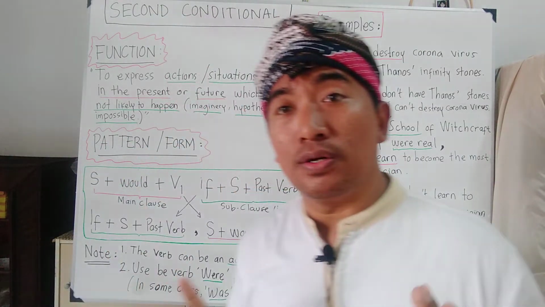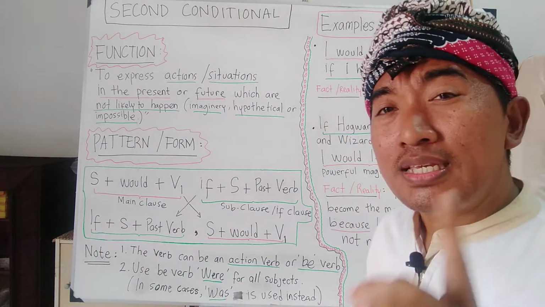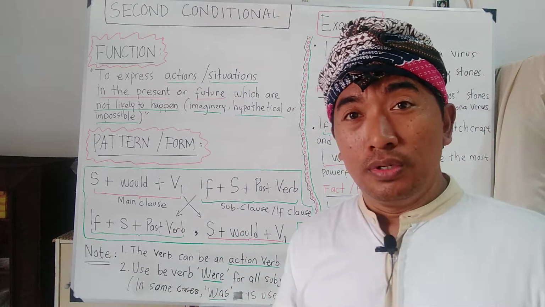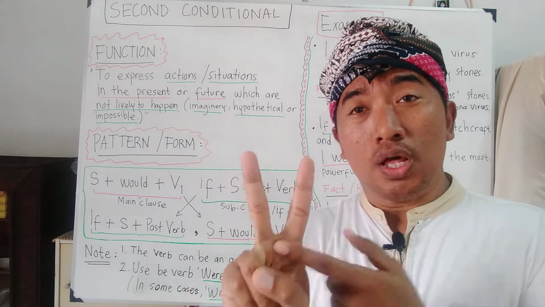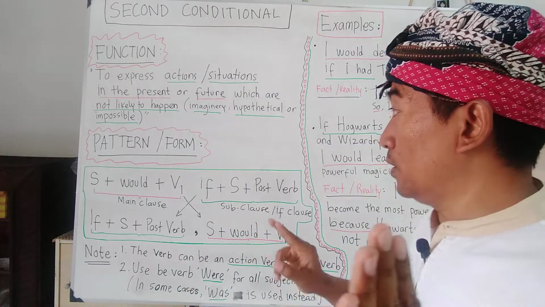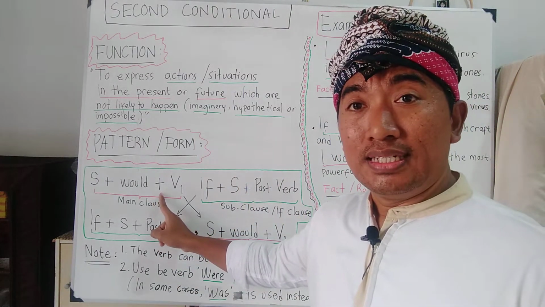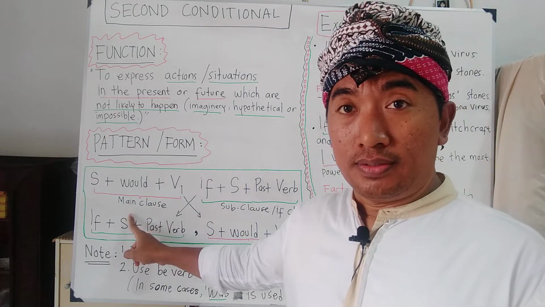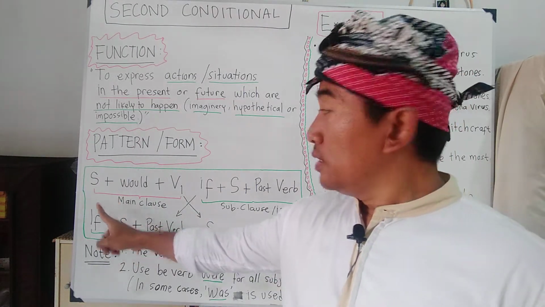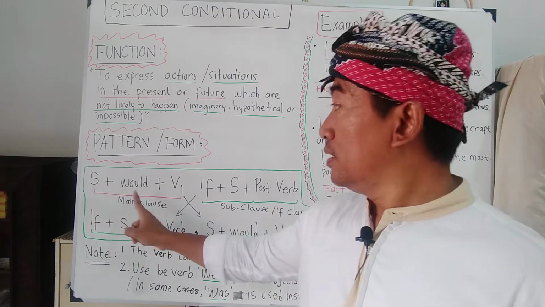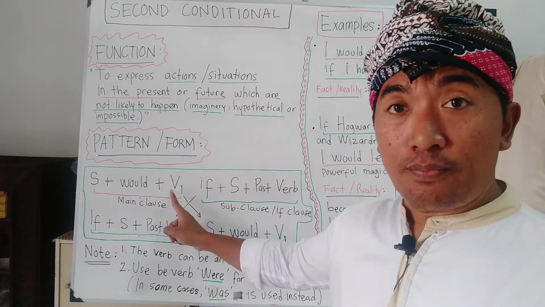Now, let's have a look at the pattern first. Conditional sentence type 2 contains two clauses in a pattern. The first one is a main clause. In the main clause, you use subject, would, and verb 1.